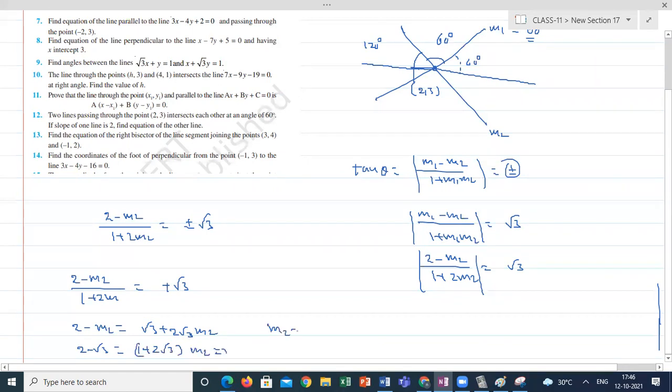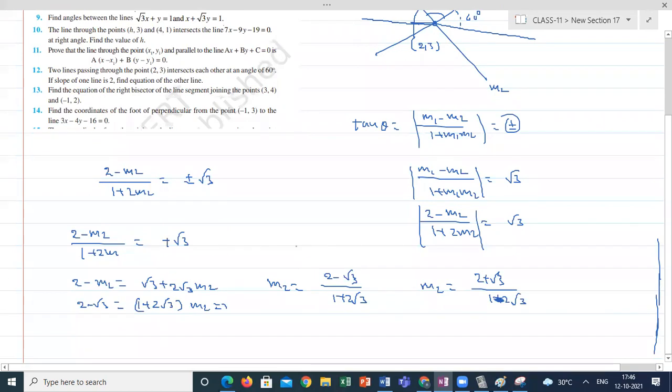So M2 is coming as 2 minus root 3 by 1 plus 2 root 3. Are you rationalizing? Then we'll get another equation like 2 plus root 3, with conjugate, divided by 1 minus 2 root 3.